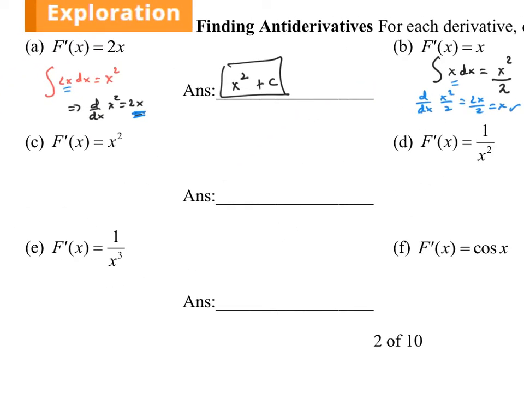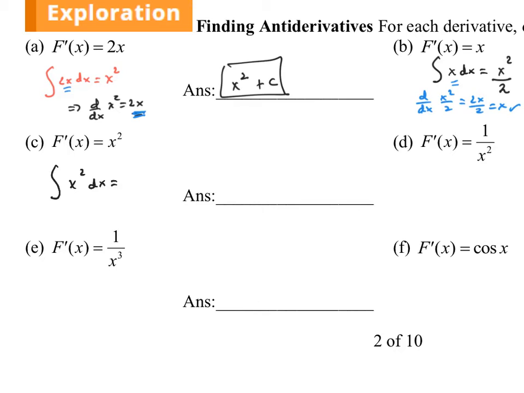Part C. What do I take the derivative of and get x squared? Okay. Well, I don't know if this is coming to you yet, but if I take the derivative of x cubed, I get 3x squared.